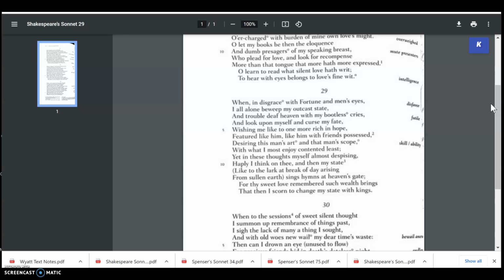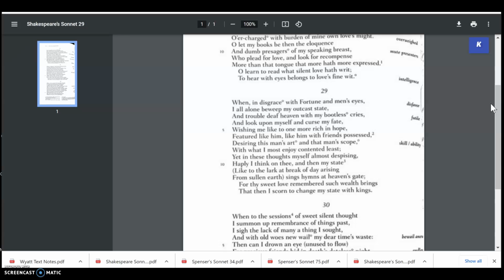Our speaker begins in those first two quatrains, his first 8 lines, articulating his self pity and his depression at his outcast state. He is outcast. He is not like other men. He has no money. He's poor. He's in disgrace with fortune. Other men look down on him because he is not like them. And he sits around thinking about this quite a bit.